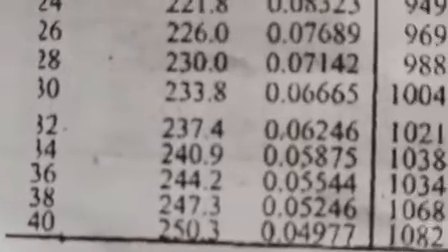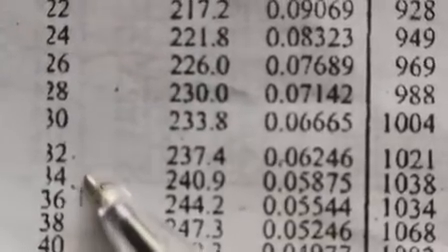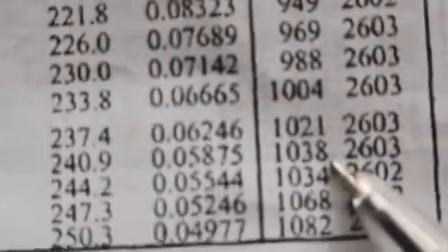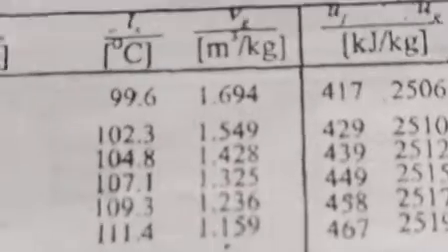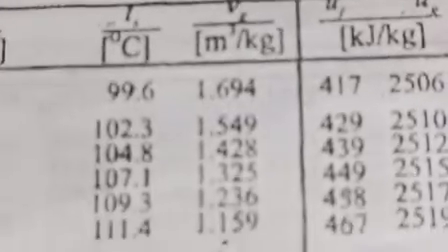Let me zoom this a bit. Okay, 34 bar, which is here. This is the UF column. UF is simply 1034. Let's confirm. That's UF.